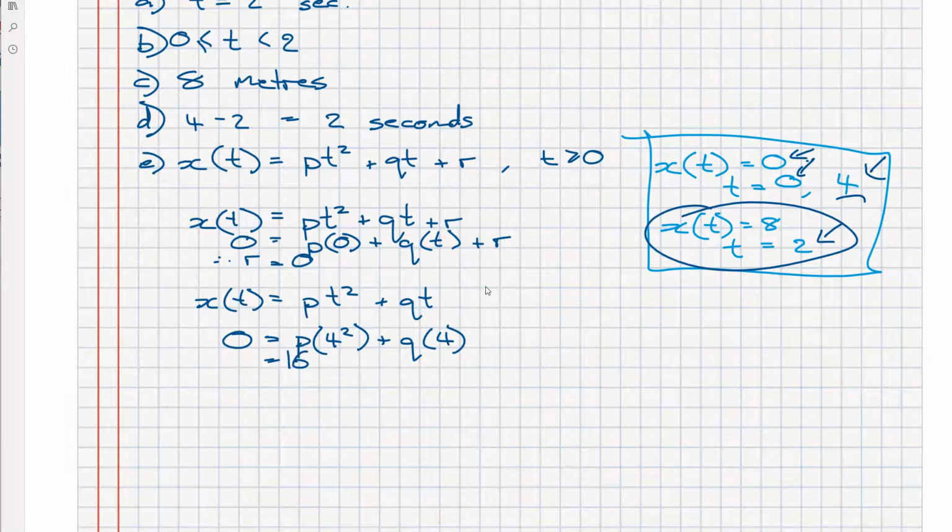That's going to come out as 16p plus 4q, and I'll divide both sides by 4 so we can reduce it down to 4p plus q, and we'll call this model 1.